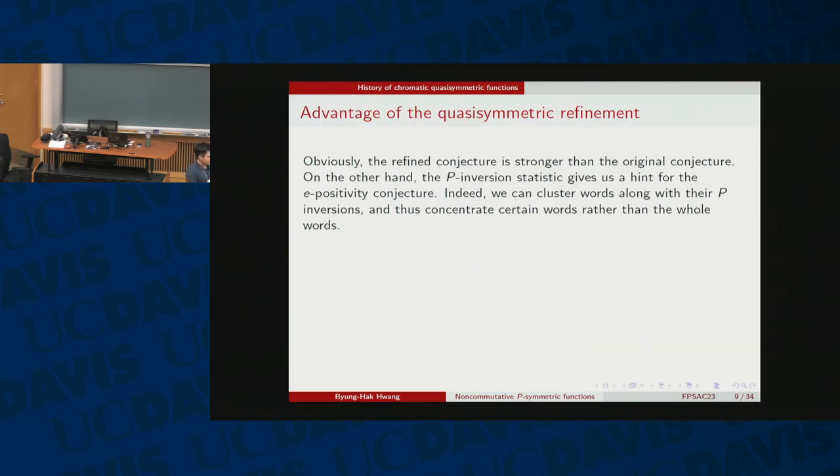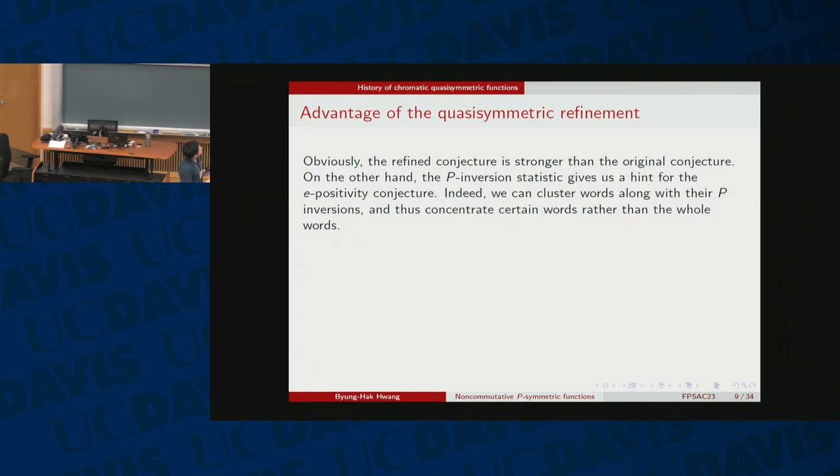By definition, the chromatic symmetric function can be obtained by substituting q equals 1 into the chromatic quasisymmetric function. This implies that the refined conjecture proposed by Shareshian and Wachs implies the original Stanley-Stembridge conjecture.